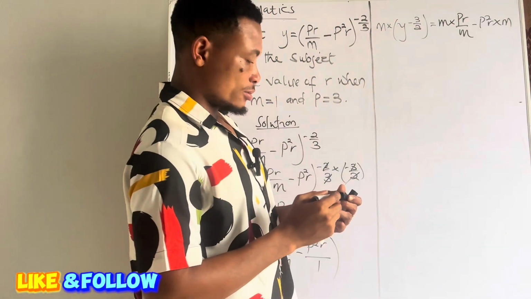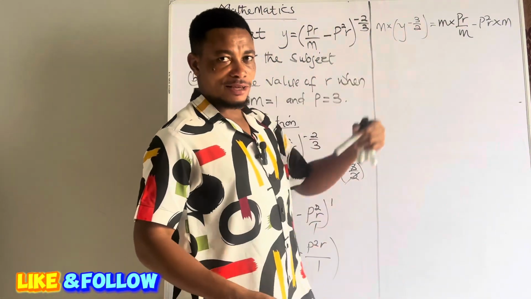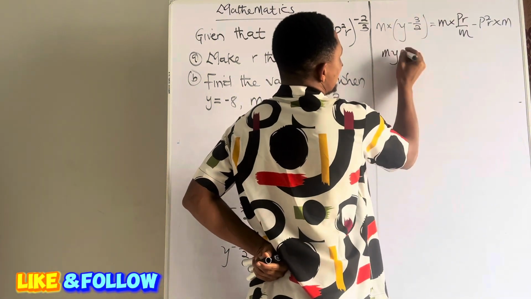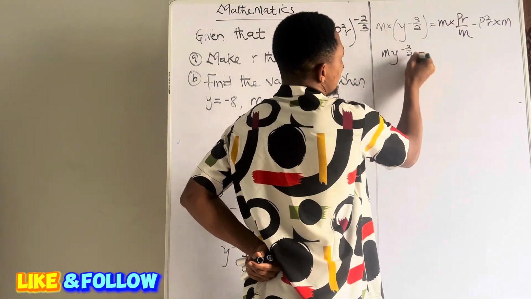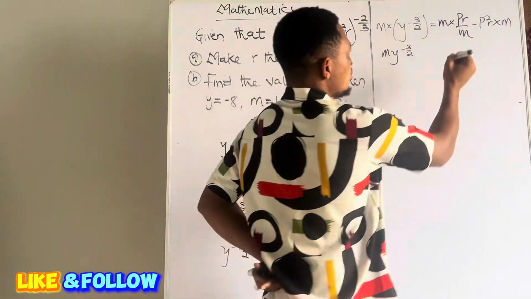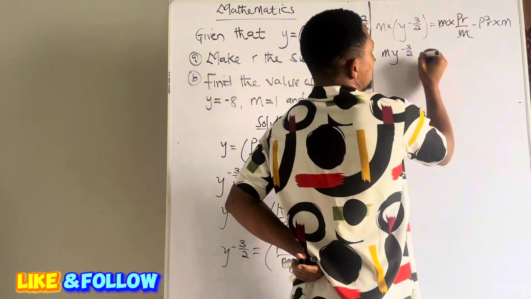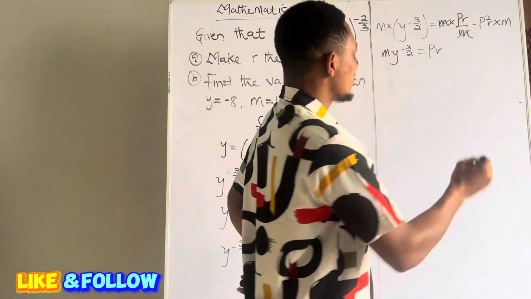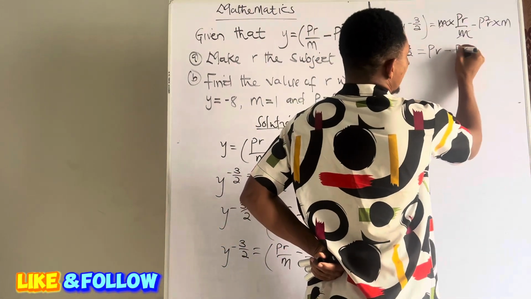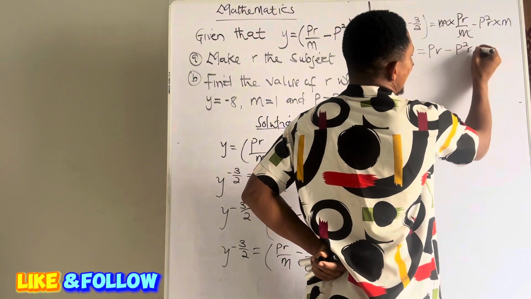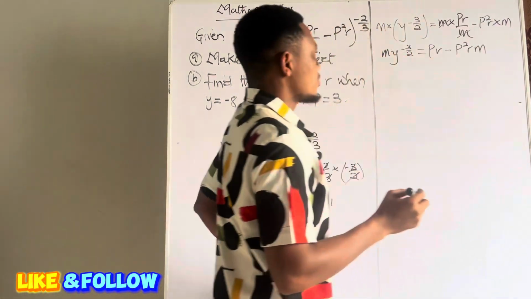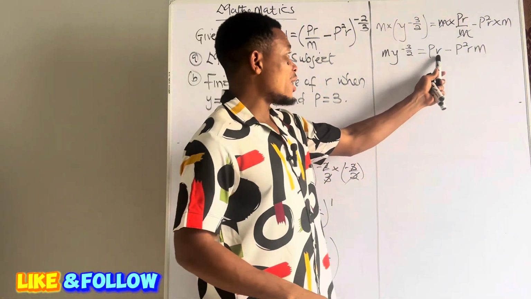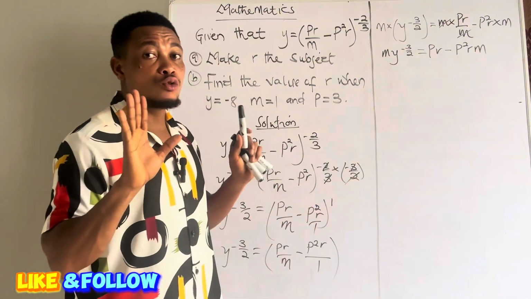So we have m y to the exponent negative 3 over 2 here. We know the m will cancel this, so we have pr minus p square r m. Remember, we are making r the subject.